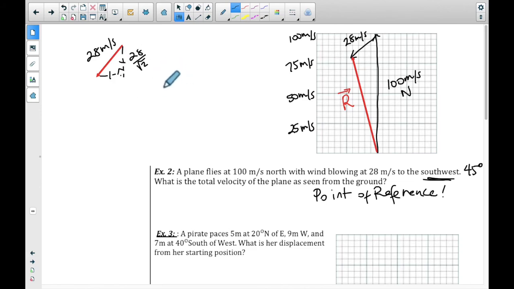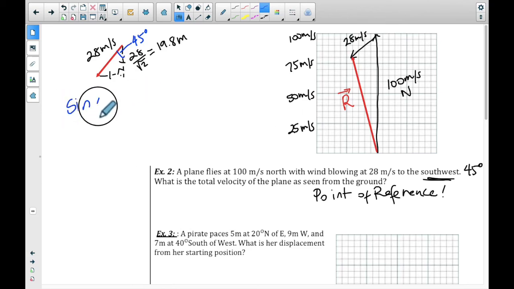Now, I relied on my geometry to figure that out, but we're going to talk about that with trigonometry as well. By my geometry method, I'm getting 19.8. Let's talk about it in terms of trig, because that's really what we will do more frequently in this class. Like I said a minute ago, we know this is a 45 degree angle, so we can think of it in terms of sine or cosine. Let's just do sine.